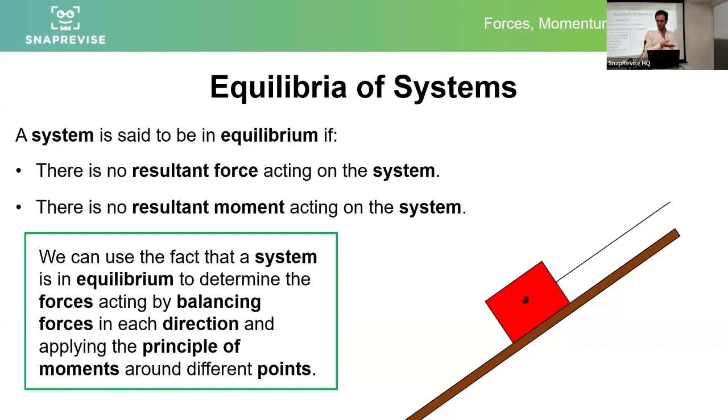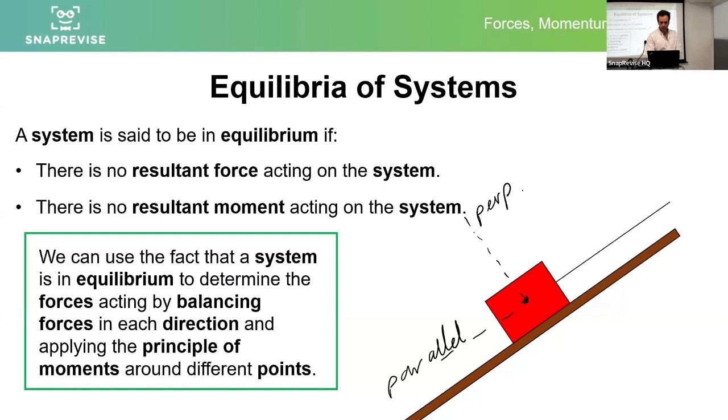So here, we've got an inclined plane. It makes sense, therefore, instead of vertical and horizontal, to talk about parallel to the plane and perpendicular to the plane, and we'll resolve our forces in those directions.